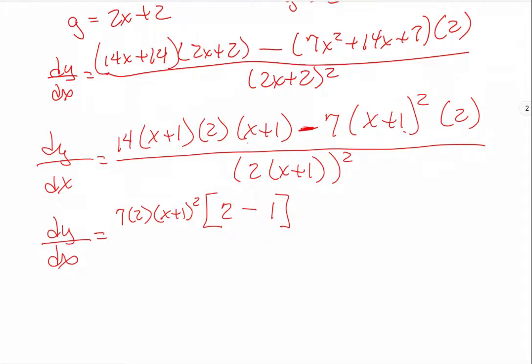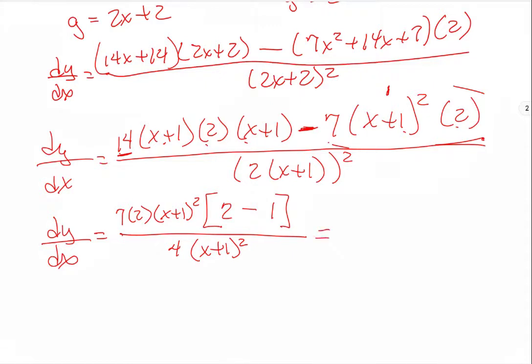So I have an x plus 1, x plus 1, x plus 1. A 2 and a 2. And here I have a 7 and a 7. And all of this has been factored out. So that leaves a 1. And all that's left here is a 2 from the 14. All over 2 squared is 4 times x plus 1 squared.